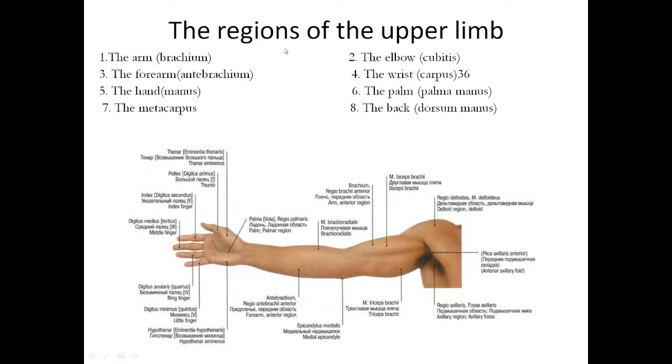And next, the regions of the upper limb. The upper limb is divided into the arm, brachium, the forearm, antebrachium, and the hand, manus.